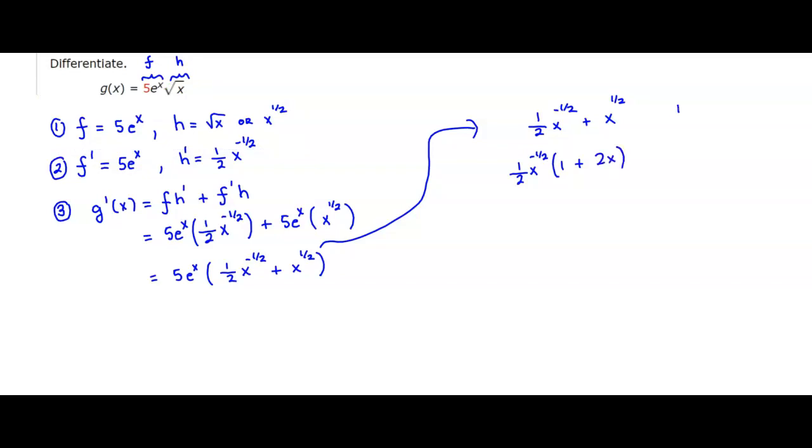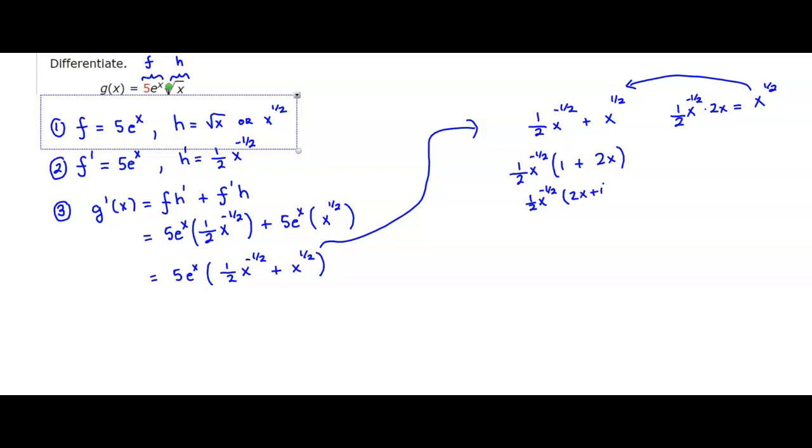Because if we take 1/2 x to the negative 1/2 and then multiply that by 2x, we get x to the 1/2. And that's how we get it back here. So therefore, we can now write this as 1/2 x to the negative 1/2, we can factor that out, and then we have 2x plus 1.